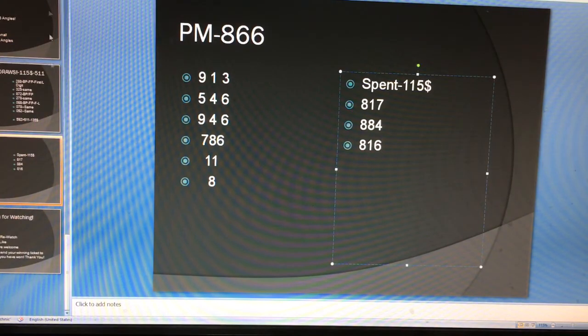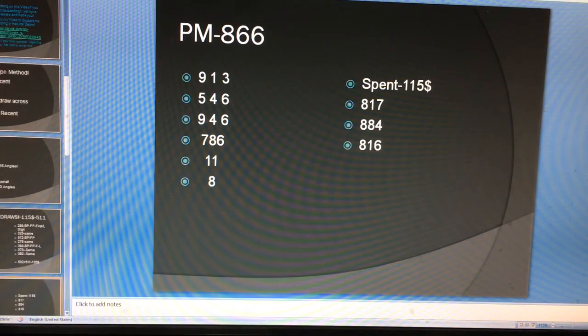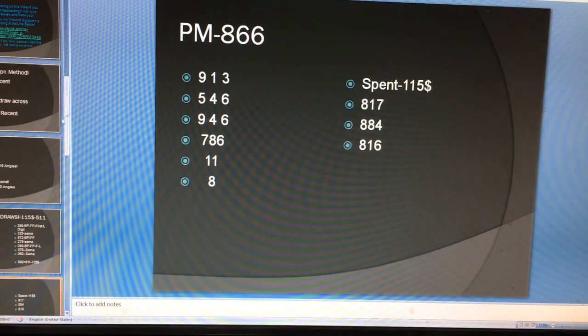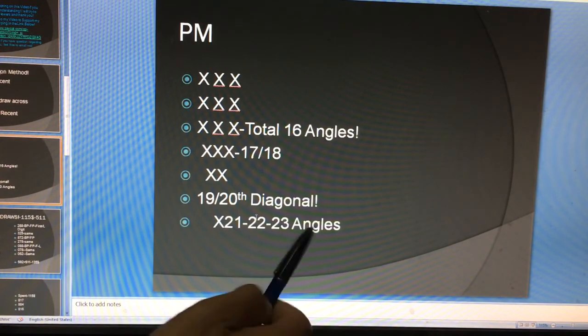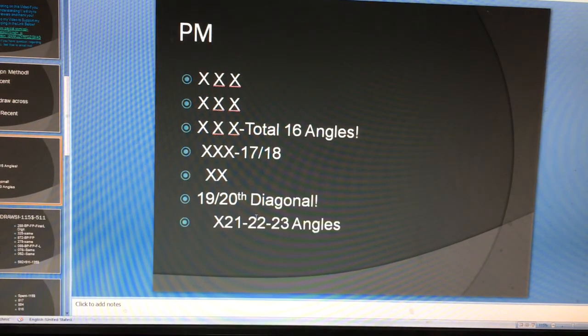And as you can see, it was the 21st, 22nd, and 23rd angle that hit.